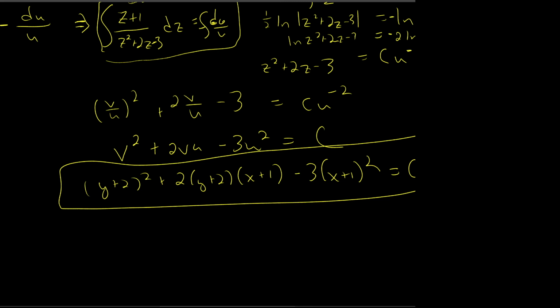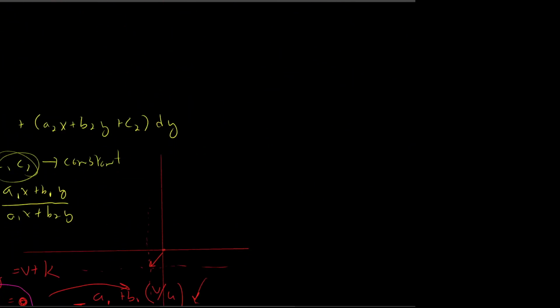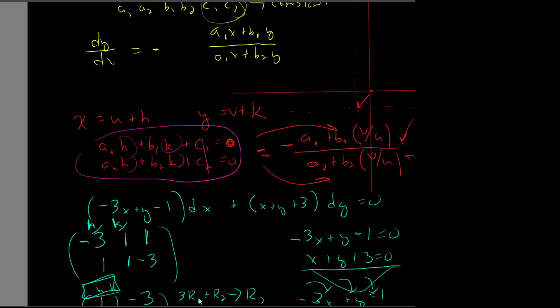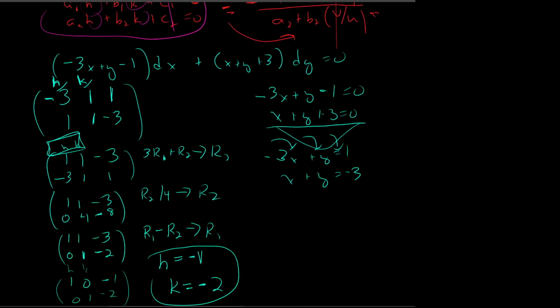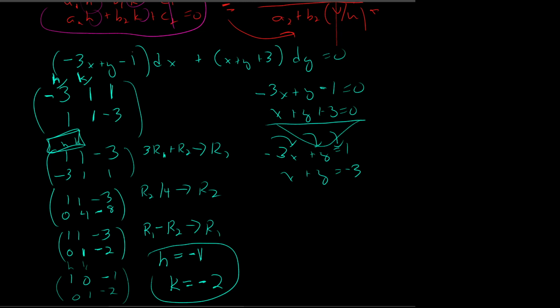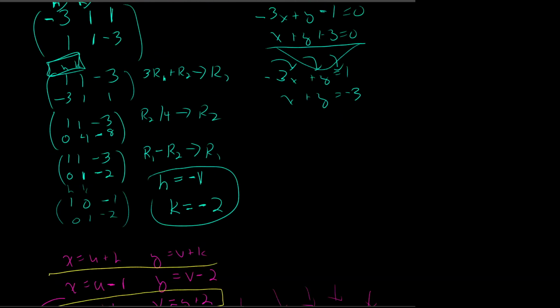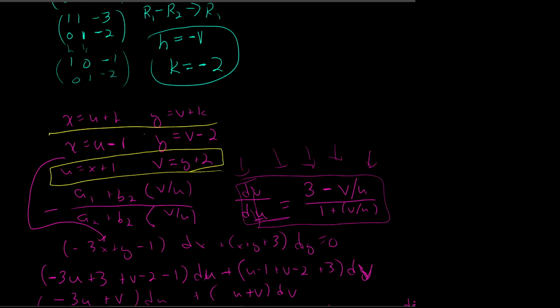And so what you want to do is, if you see, going back to where our example started from, linear coefficients in front of dx and linear coefficients in front of dy, you can solve to get your h and k, and this substitution of h and k, this transformation to u and v, will get you a homogeneous equation, and you can solve.